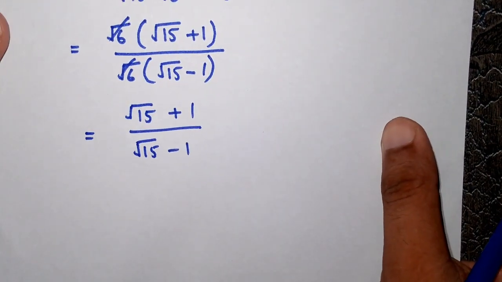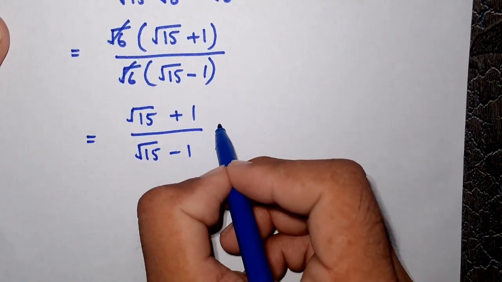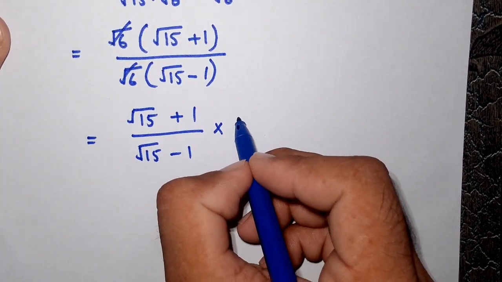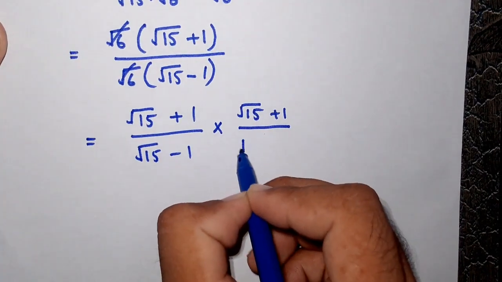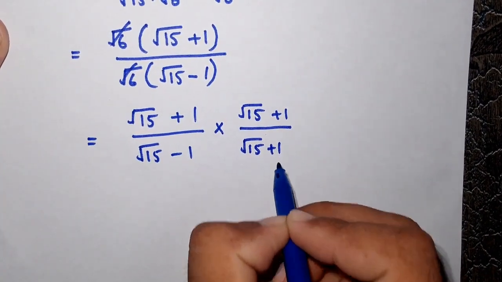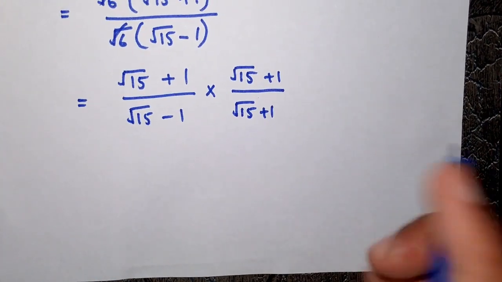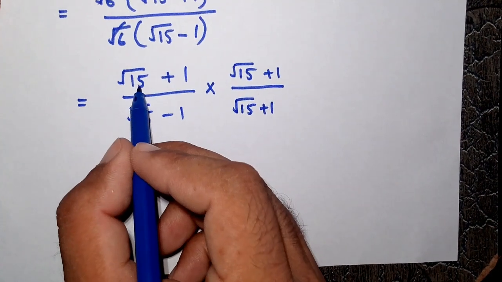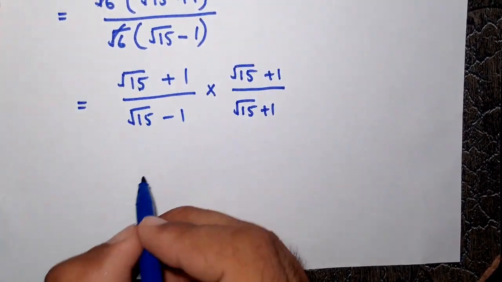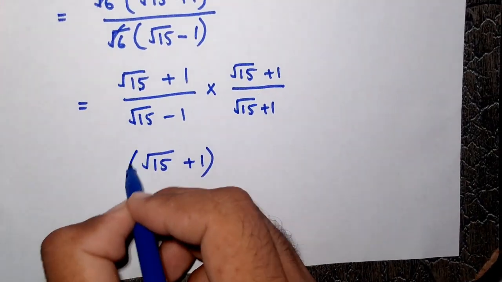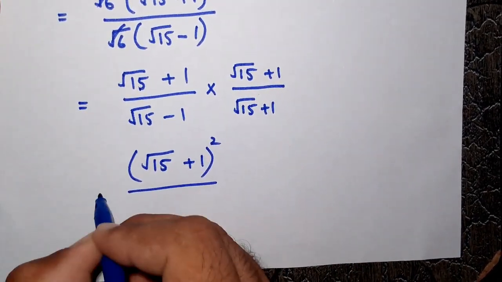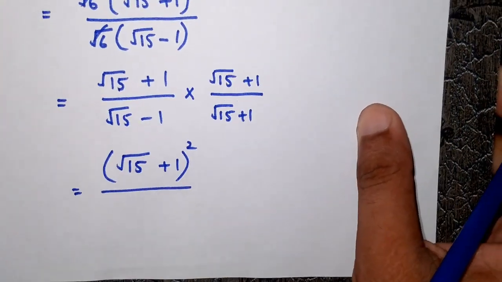Now to solve this interesting step, we have to multiply this by square root of 15 plus 1 over square root of 15 plus 1. Now in the next step, square root of 15 plus 1 times square root of 15 plus 1 will become square root of 15 plus 1 whole square over here.